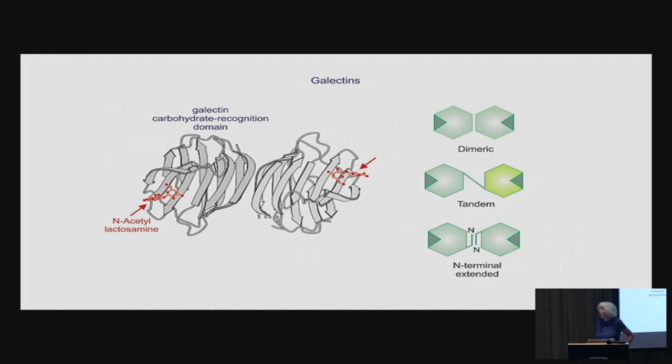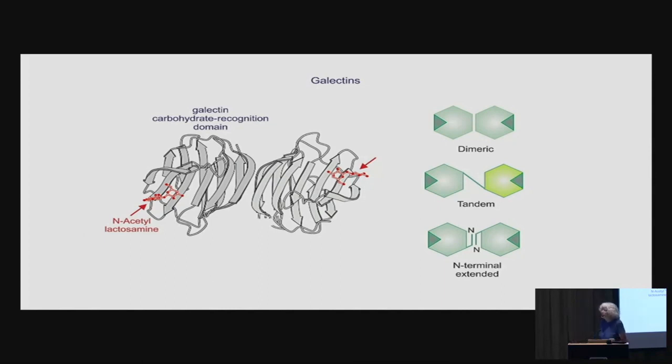So the galactins, many of you will have heard a lot about. The C-type lectins are all extracellular proteins. The galactins can be found inside cells in the cytoplasm and the nucleus, but they also do get outside of cells. They don't have associated accessory domains apart from this one type, which has an N-terminal extension. This is what the galactin carbohydrate recognition domain looks like, with a beta sandwich structure.